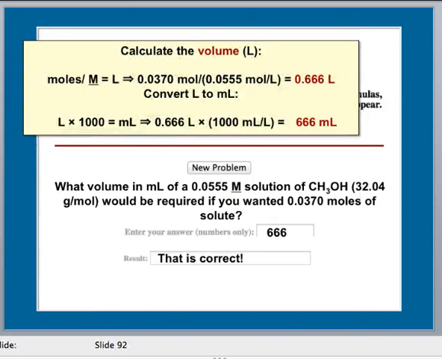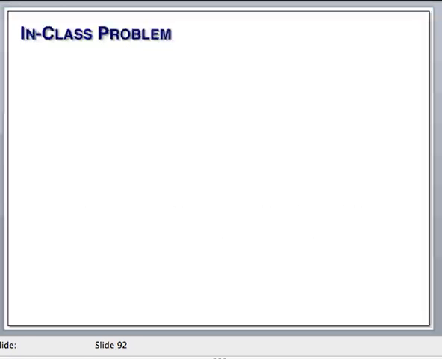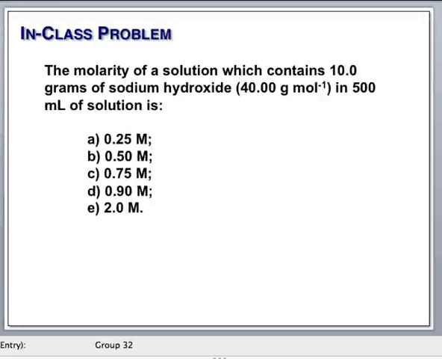Now the next set of problems are old exam questions. Everyone loves these. We have a solution as 10 grams of sodium hydroxide in 500 mils of solution.